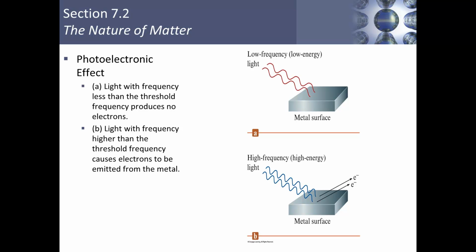The photoelectric effect can be characterized by the following observations. Studies in which frequency of light varied show no electrons emitted by a given metal below the threshold frequency nu naught. Light lower than threshold frequency gives no electrons emitted regardless of light intensity, and for light with a frequency greater than the threshold frequency, the number of electrons emitted increases with intensity of light.